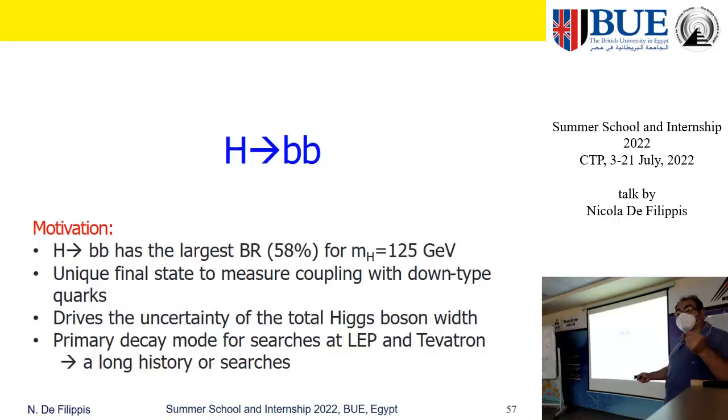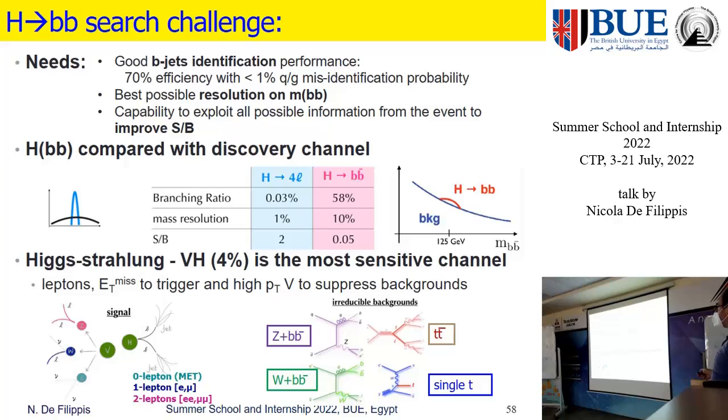Okay, but the caveat is that it was much more difficult to observe because B jets are jets. They are reconstructed with much lower efficiency with respect to photons and charged leptons. And so the background for this kind of search, Higgs to BB bar, the signal over background was much lower than what you could have with 4 charged leptons in the final state.